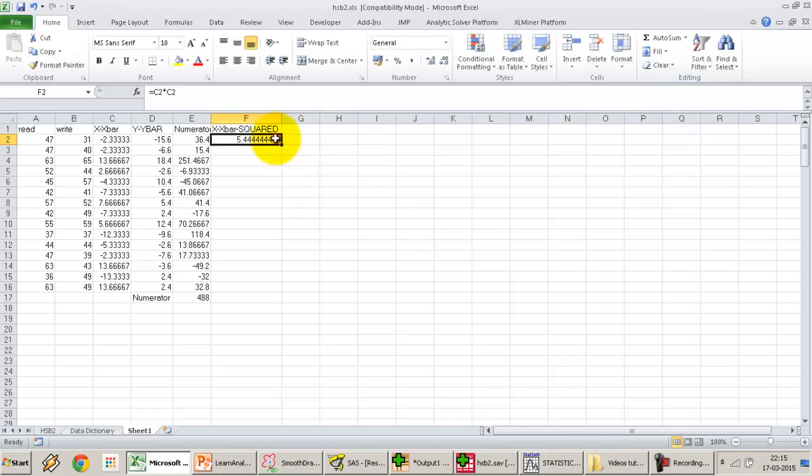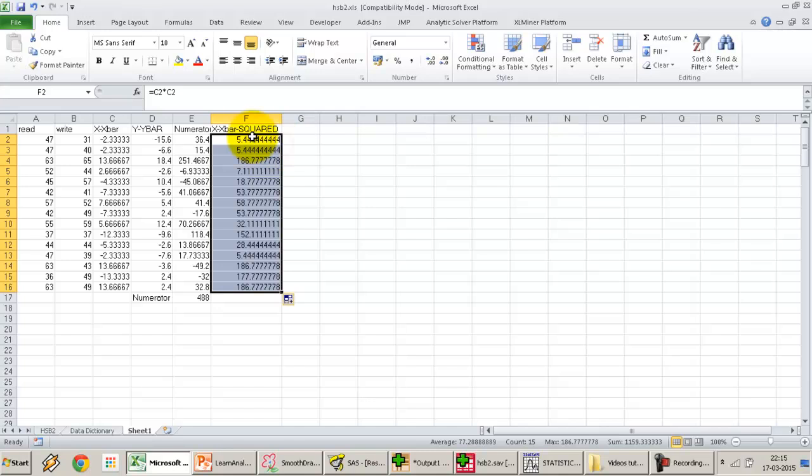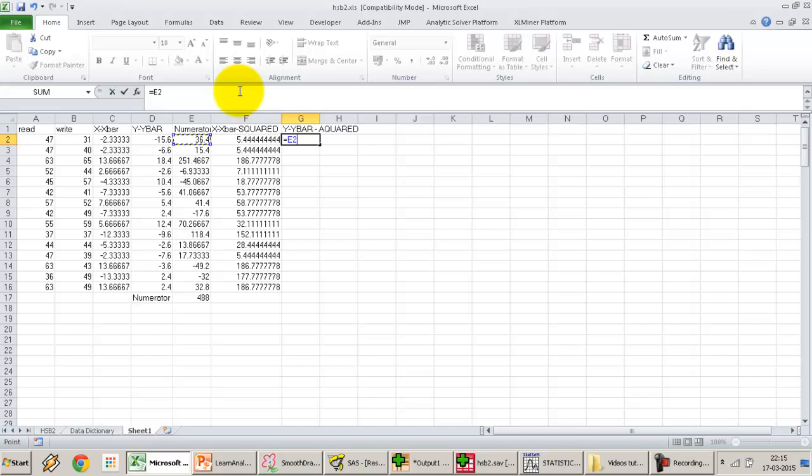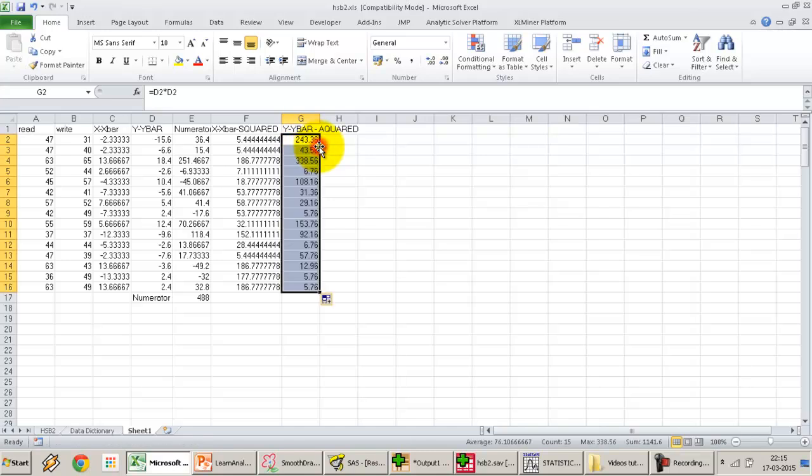So we get a squared term. And similarly for y minus y bar, I'm going to calculate the squared term. This is equal to y minus y bar multiplied by itself, and there we have it.